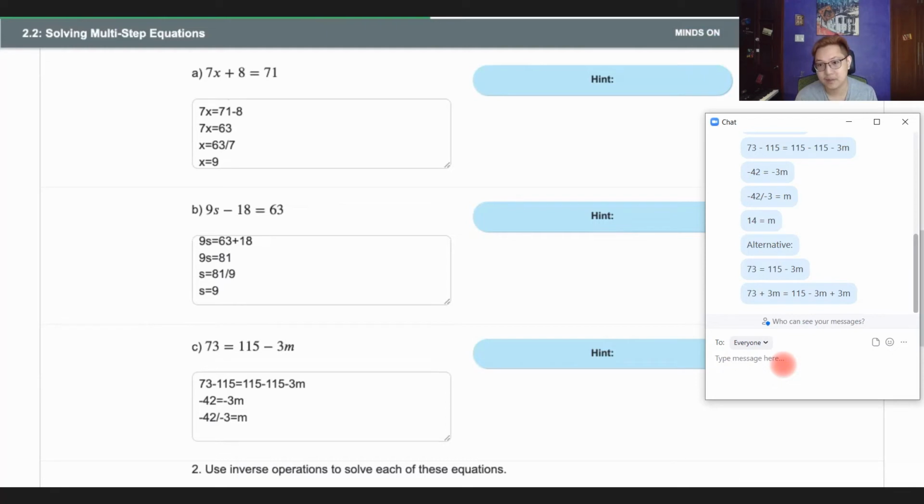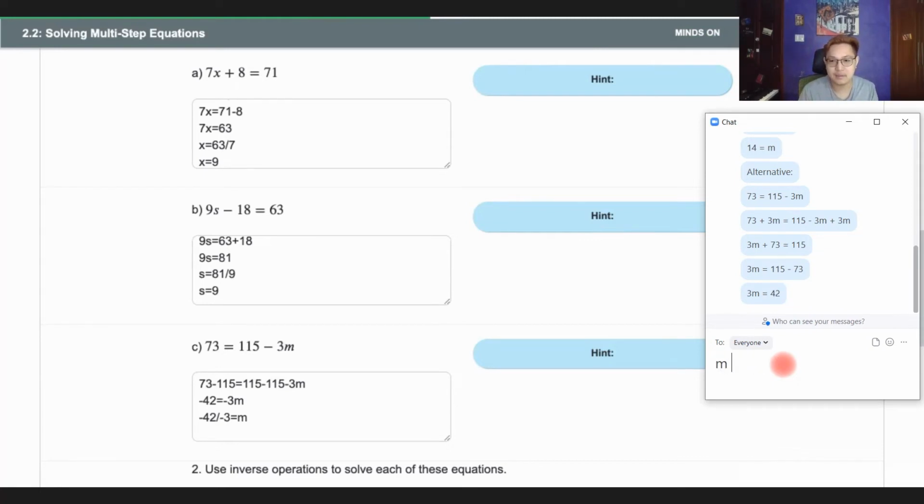This is an alternative way. So what you should have now is 3m plus 73 equal to 115, and then I move 73 from the left to the right, minus 73. And then I have 3m equal to 42.